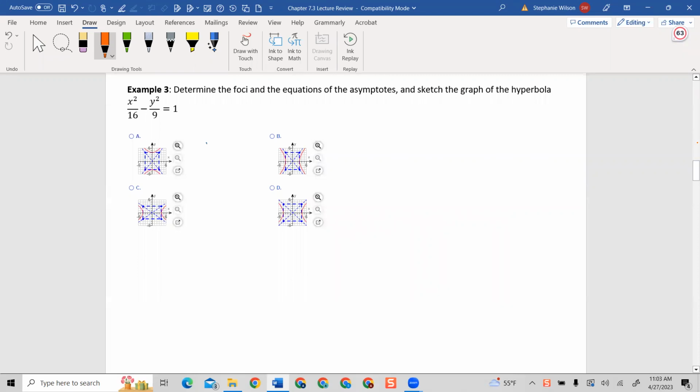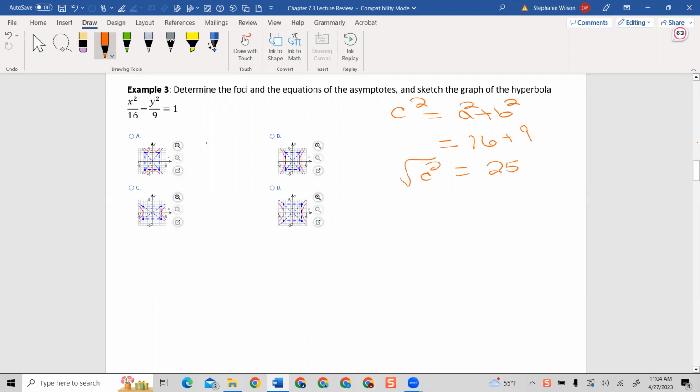So I'm going to say C squared is equal to A squared plus B squared, and we know what A squared is. It's 16. We know what B squared is, 9. That gives me 25.